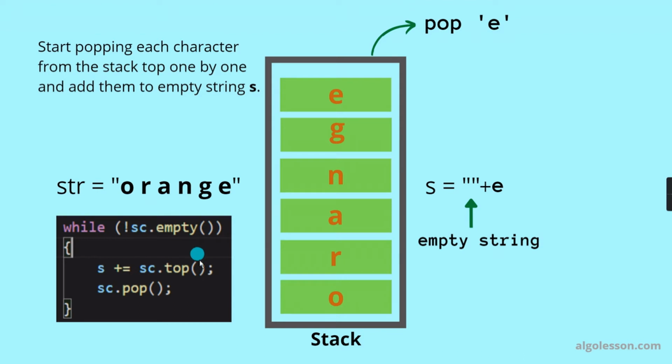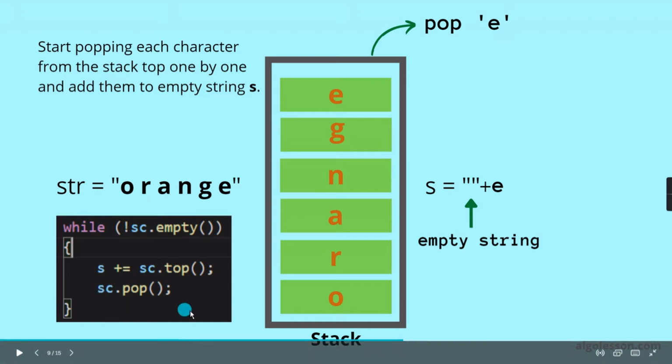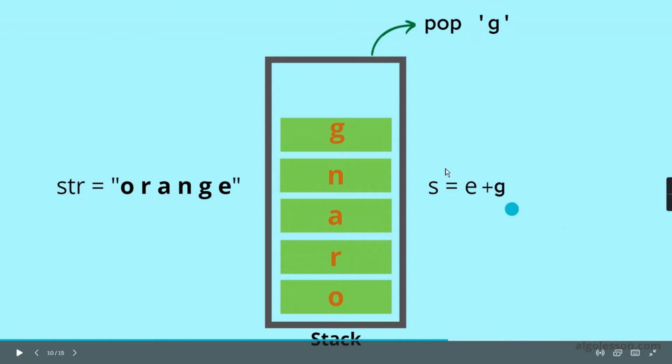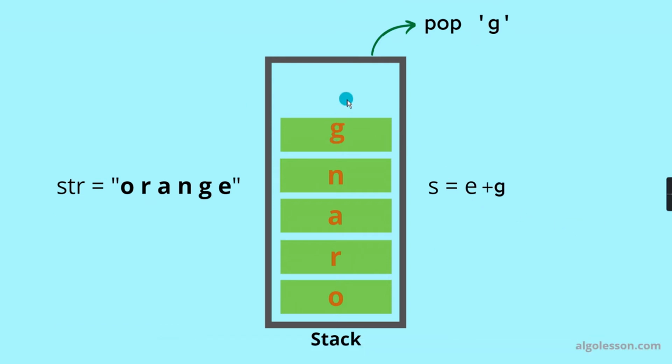And what we are doing is we are taking the top character of this stack and we are adding it to the empty string which we have taken, S, and then we are popping that top character.